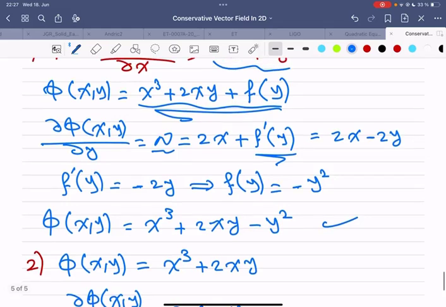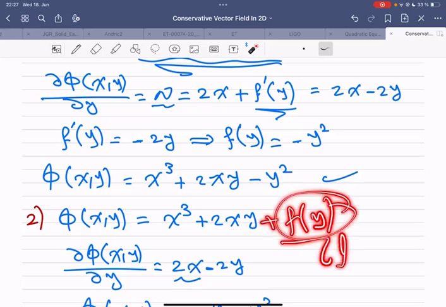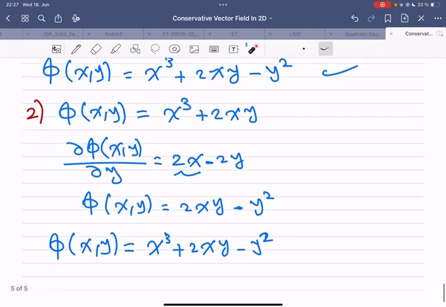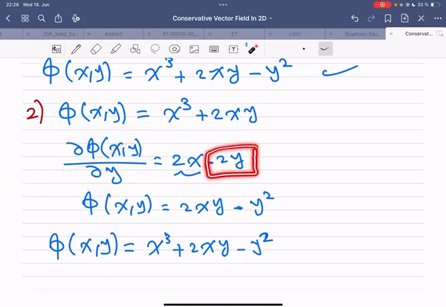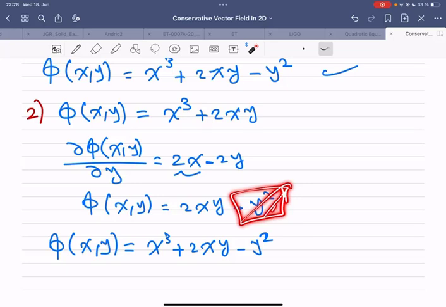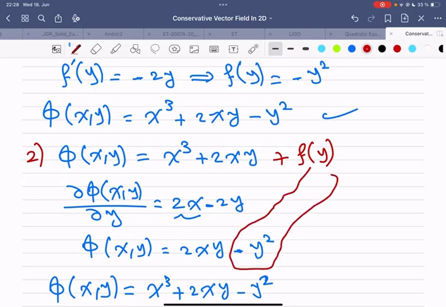Why don't we put f y here in this method? Because f y means that there is some term that depends only on y. This term you will get if you integrate n according to y, which is this term here. So if you put here plus f y, you will find that this term is the same as this term.